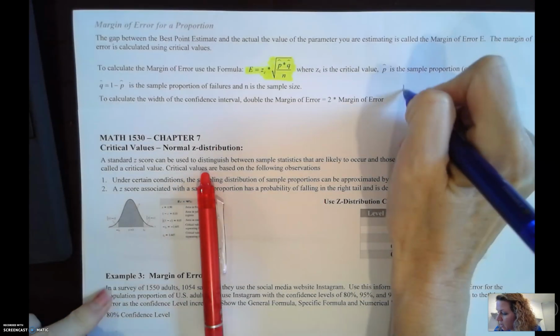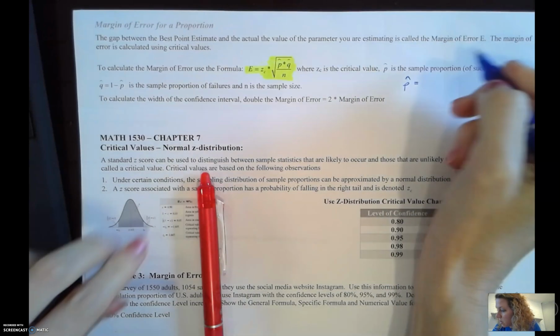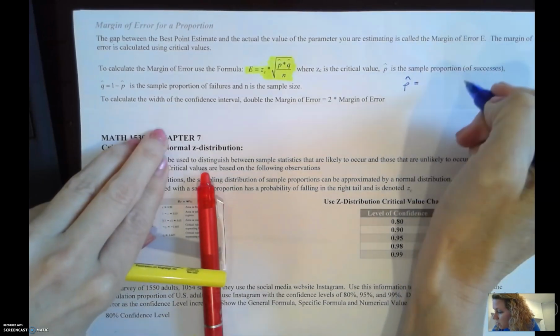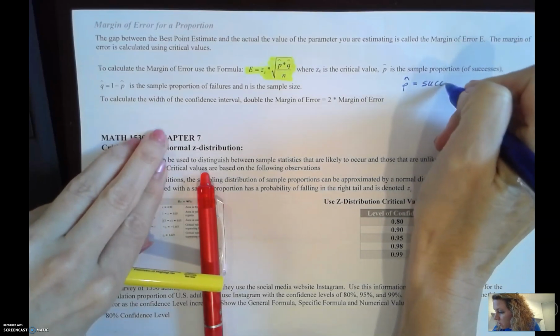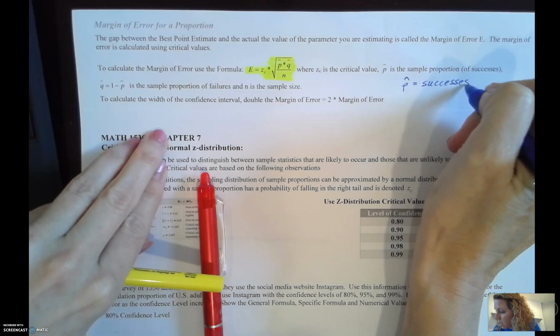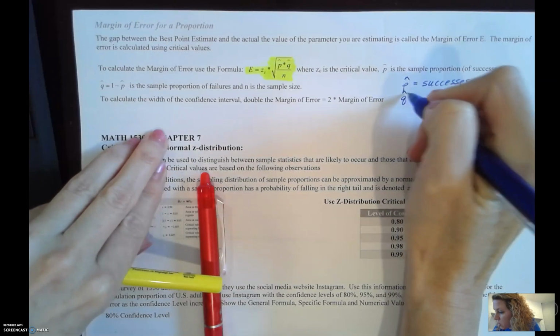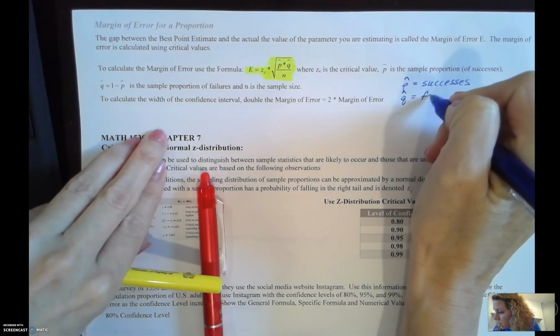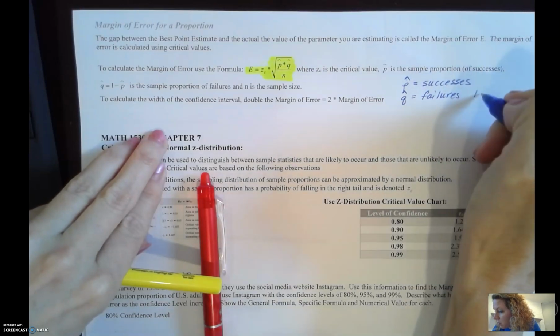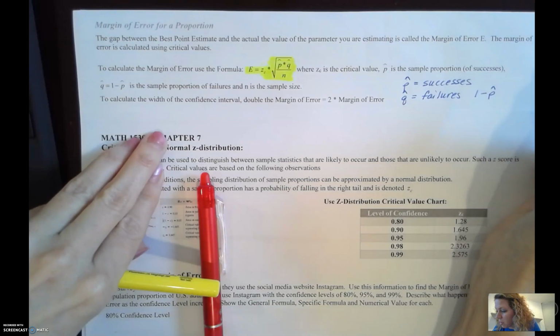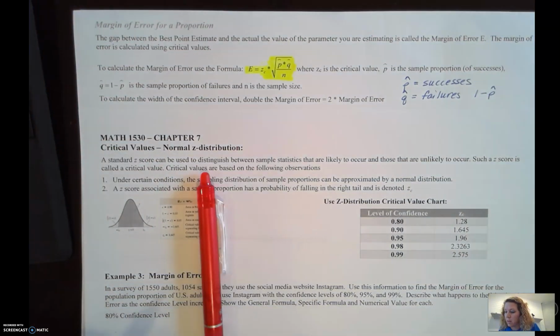So p hat is the sample proportion of successes, and q hat is the proportion of failures. So that's going to be 1 minus p hat. We're going to have to do some calculations there. Now to calculate the width of the confidence interval, we're going to have to double the margin of error, which is 2 times the margin of error.